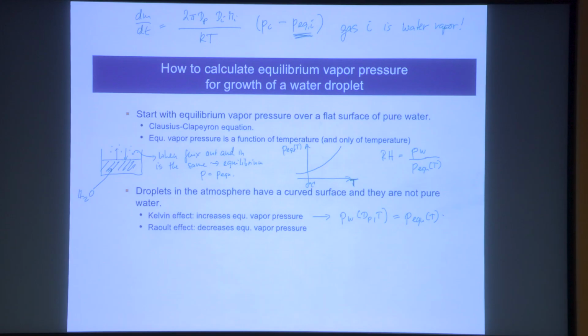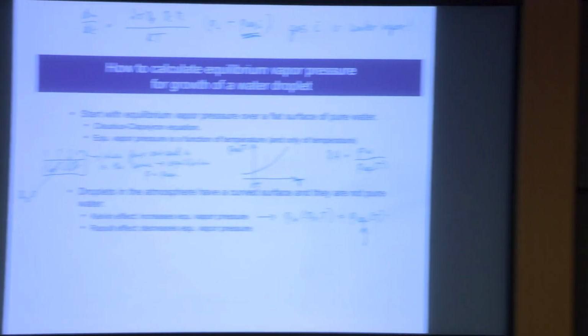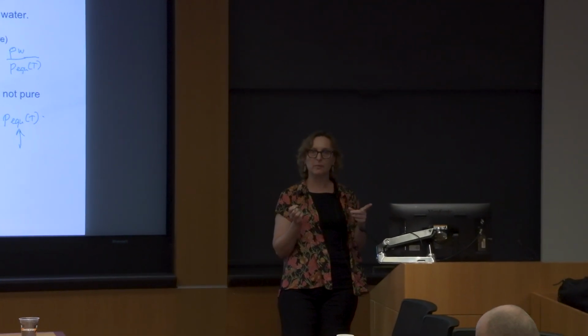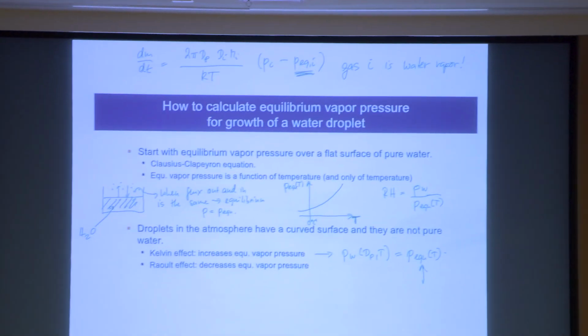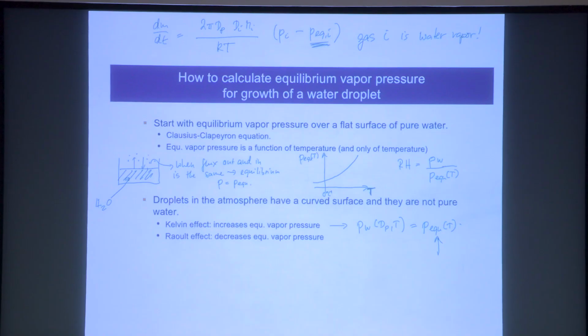So if you have a droplet and you think, oh, what's the equilibrium vapor pressure? Let's calculate it with Clausius-Clapeyron. And you expose this droplet to exactly that vapor pressure, that droplet would actually evaporate. It's not in equilibrium, right? And the smaller the droplet is, the higher you need to make the surrounding vapor pressure to keep it in equilibrium.